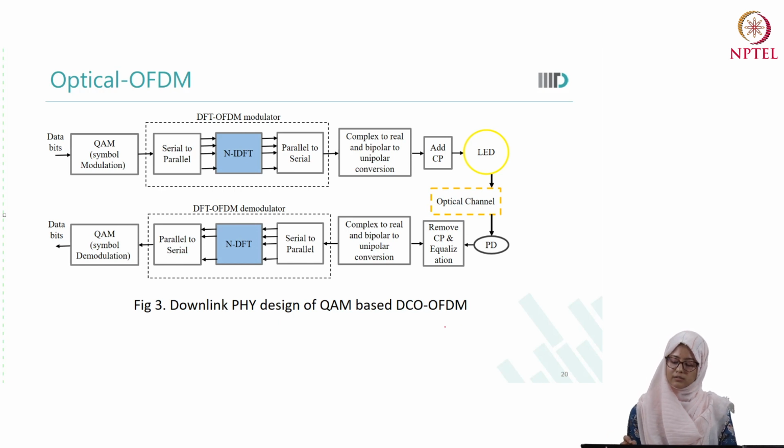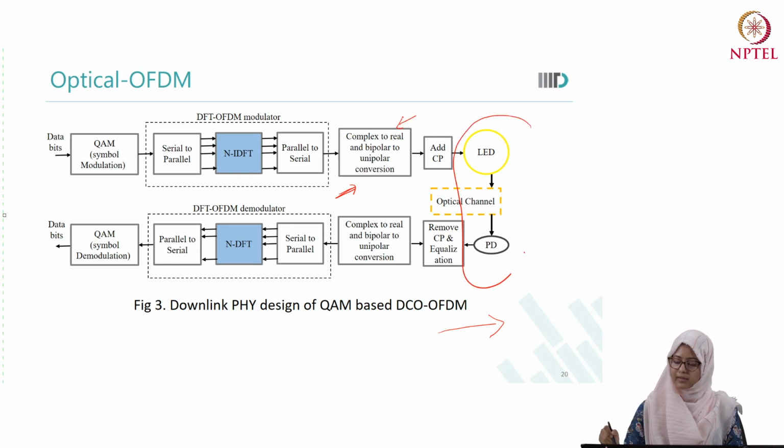In this figure, you can see that most of the blocks resemble the OFDM part. However, this complex to real and bipolar to unipolar conversion is a new thing, and then this part is new. It is because of visible light communication.